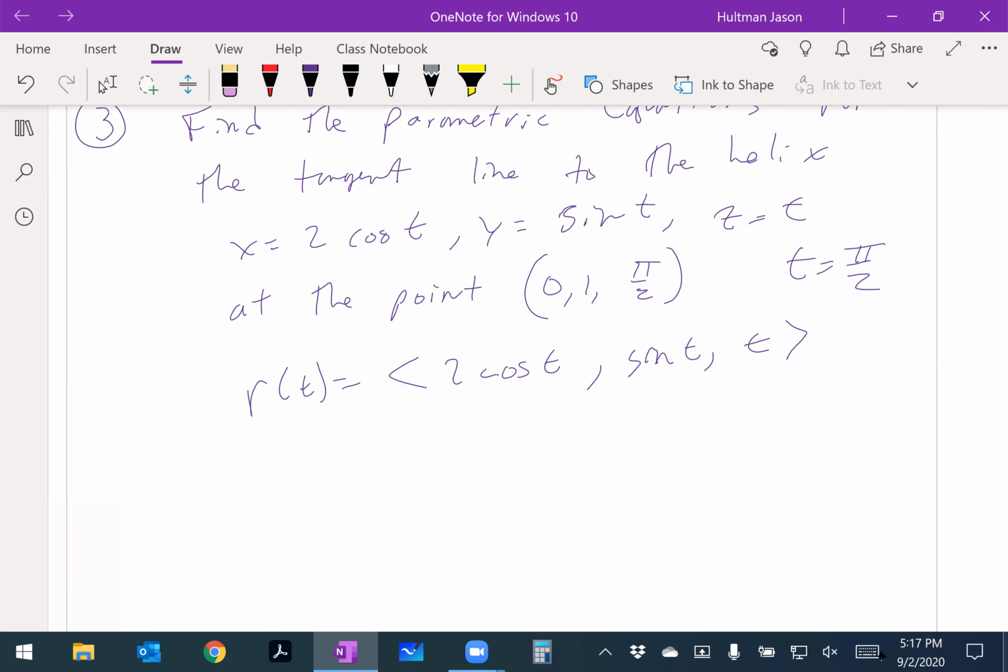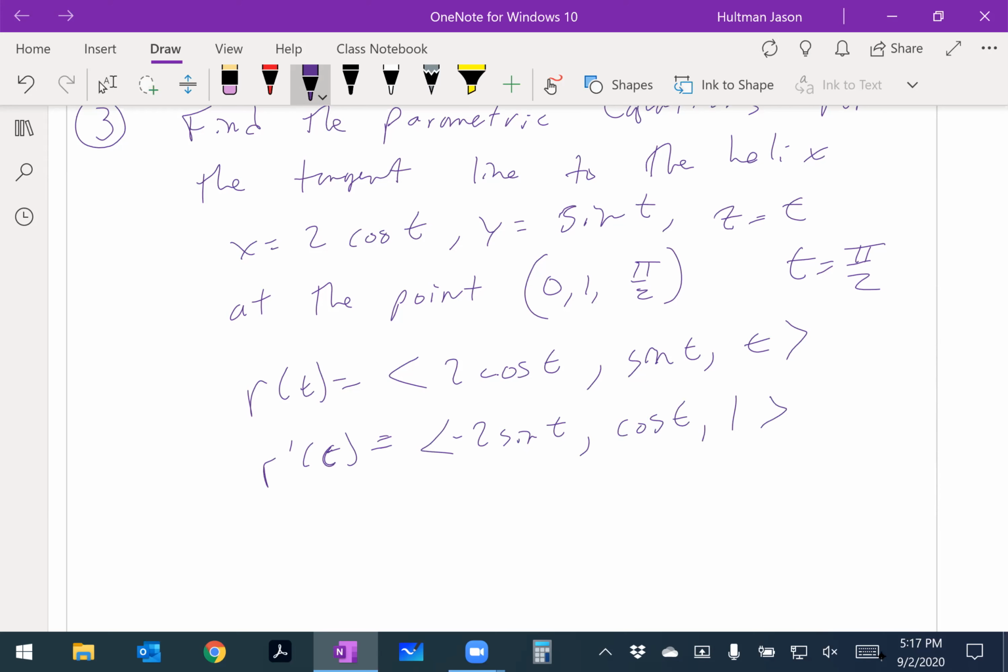Oh, okay. So how do we find a tangent line? Well, take the derivative. Let's find the derivative. So r prime of t is going to be negative 2 sine t, cosine t, and 1.